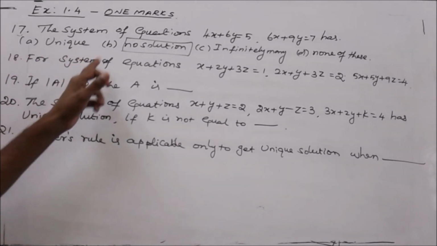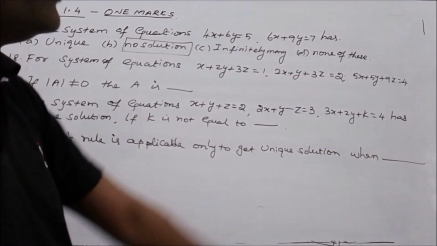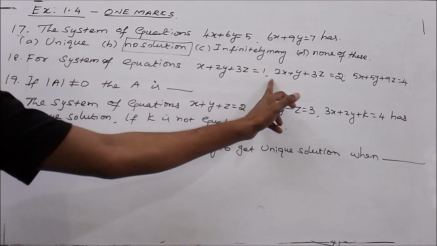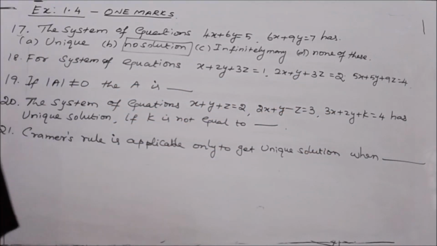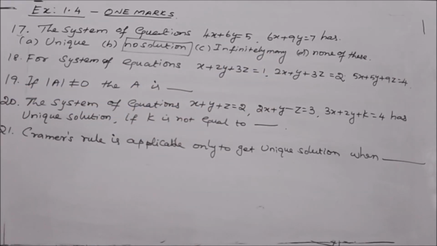Then question 18: for the system of equations x + 2y + 3z = 1, 2x + y + 3z = 2, 5x + 5y + 9z = 4, find which option is correct.